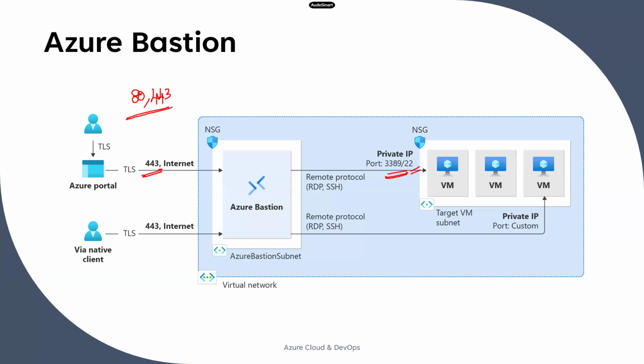So we can access the VM using 443. It's the Azure Bastion service.